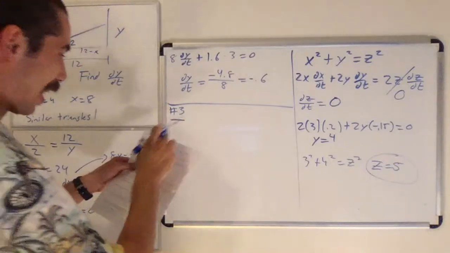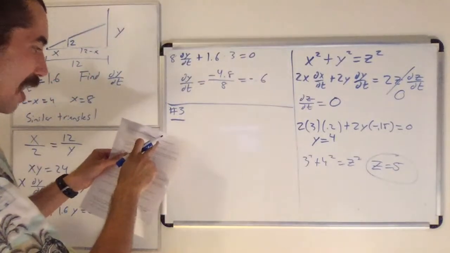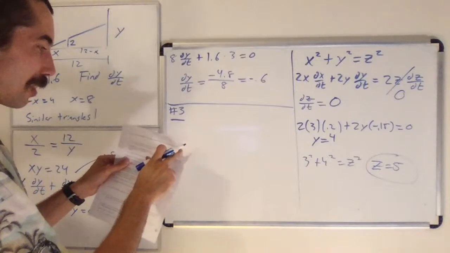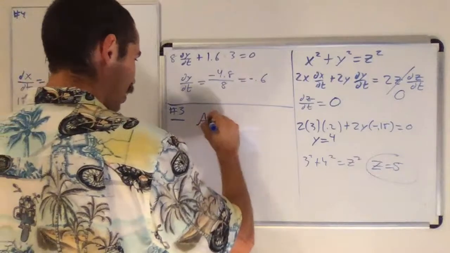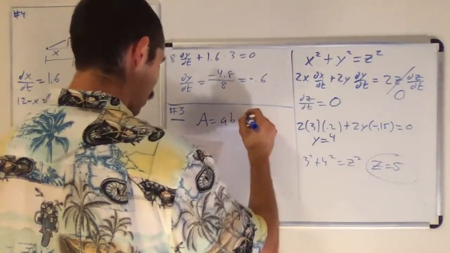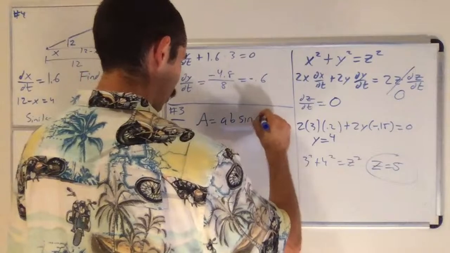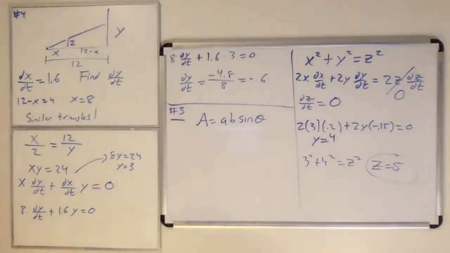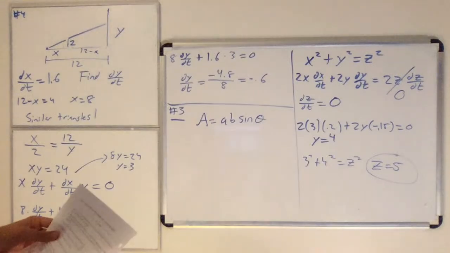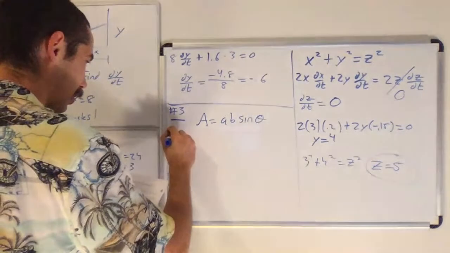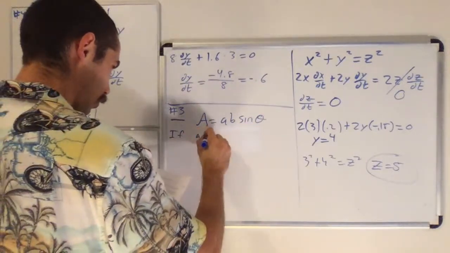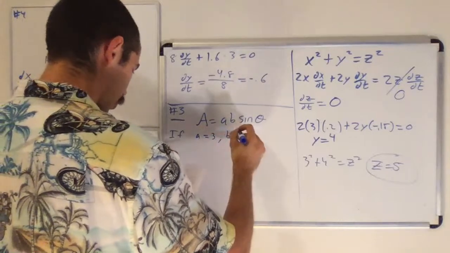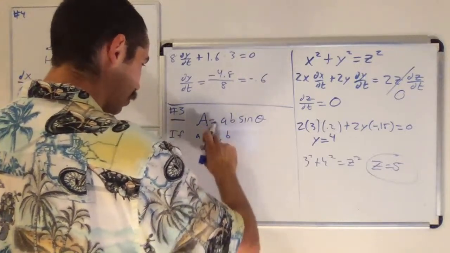Okay, so the area of a triangle with side lengths a and b and contained angle theta is A equals ab sine theta. That's a trigonometry fact for you. Okay, a and b are constants here. a equals 2, b equals 3.